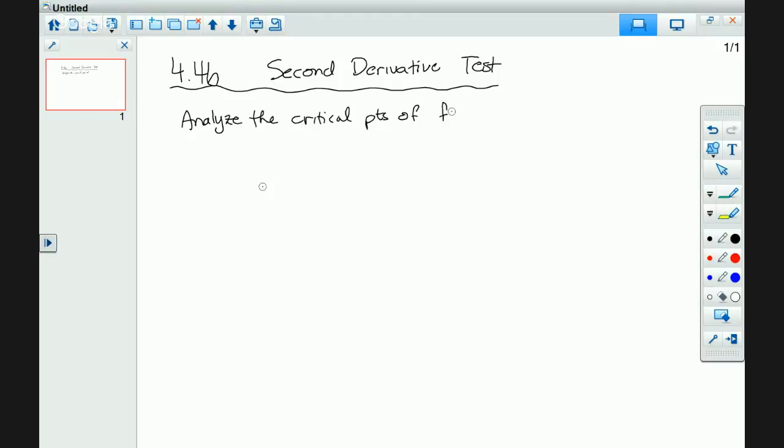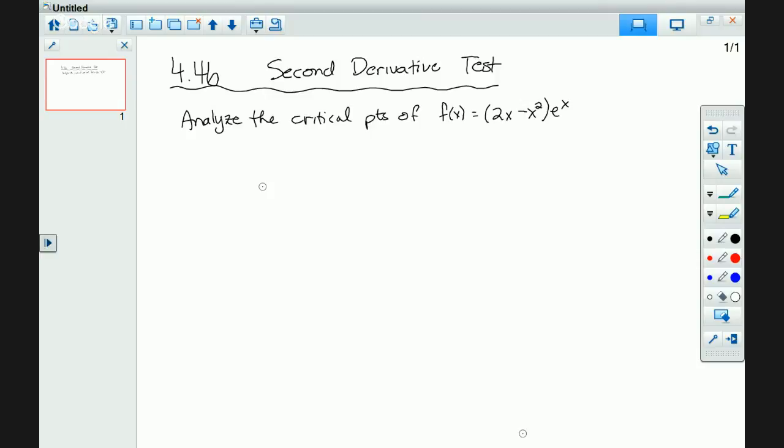Oh, fun. And you know when I say that, it's dangerous, right? Hey, we got to practice these things, right? That's just a product rule.